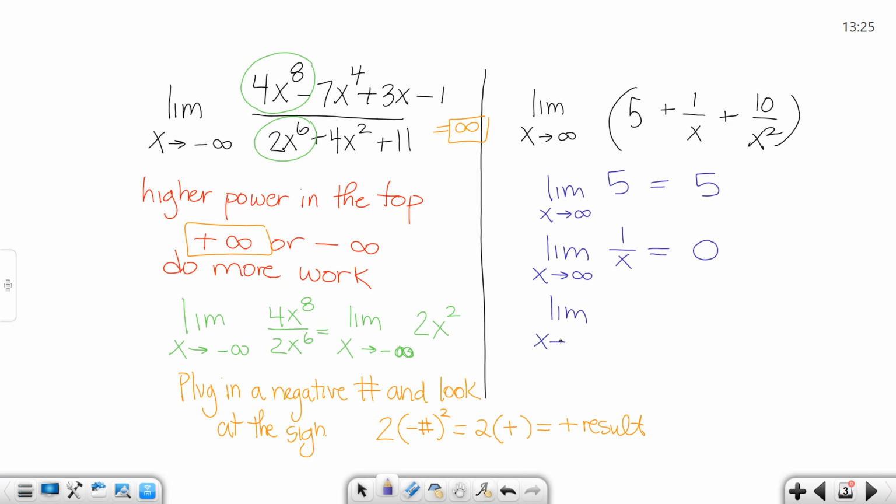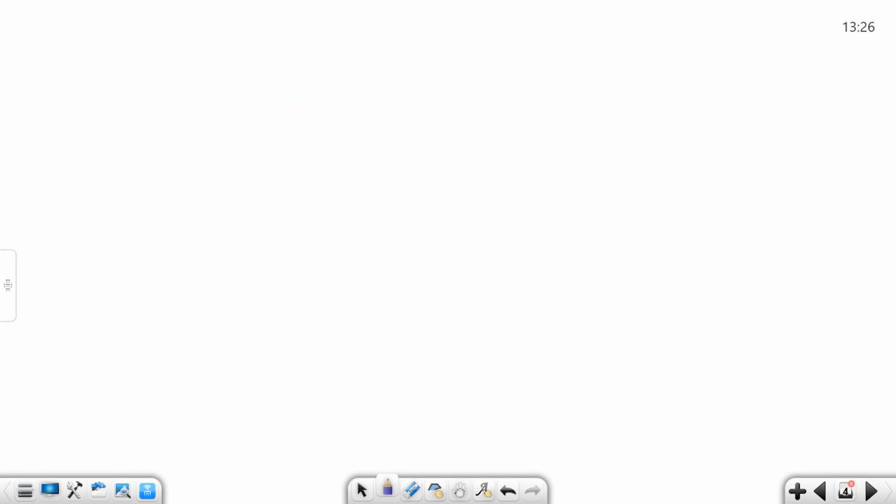Looking at the last one, my largest power here is again in the denominator. If my largest power of x is in my denominator, that would be 0. So your limit for this one would be 5 plus 0 plus 0. So that means your limit would be 5. And that's how that one would go.